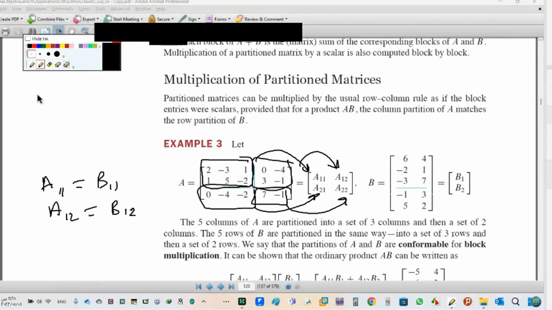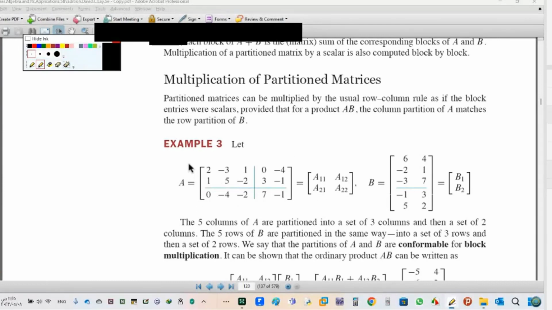For multiplication, it's a little bit harder. The number of columns should equal the number of rows. For example, this is A11. What is the size? 2 by 3. So here it should be 3 by 2 to make this operation. So it's a little bit hard for partitioned matrices. This is just an explanation for you.